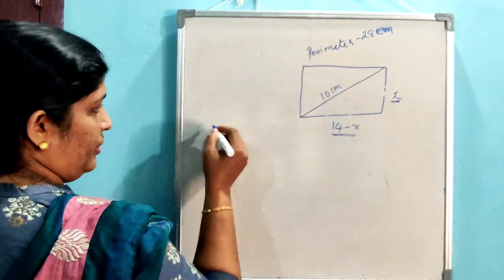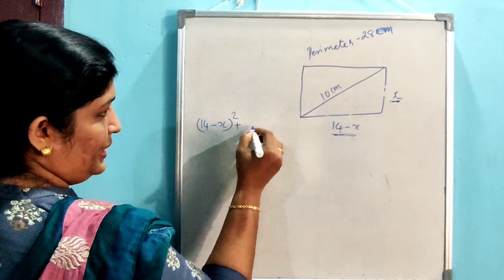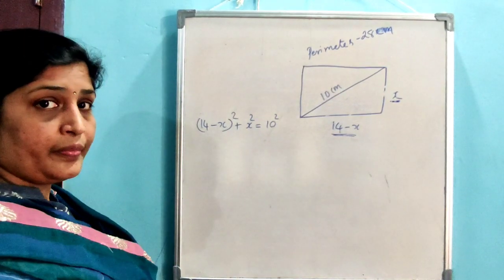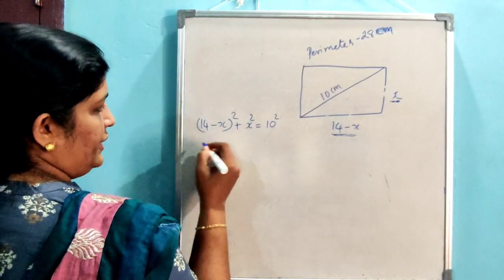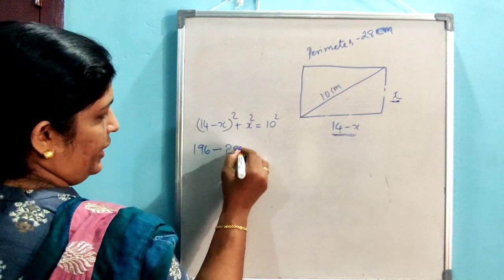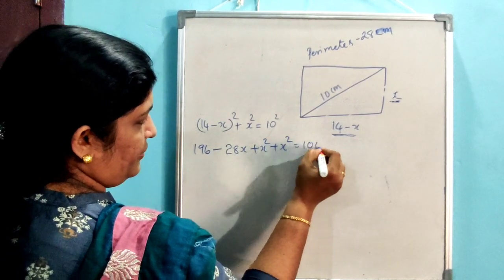Base square, that is 14 minus x the whole square, plus altitude square, x square, is equal to 10 square. Then the very same steps: 14 square, that is 196, minus 28x plus x square is equal to 100.